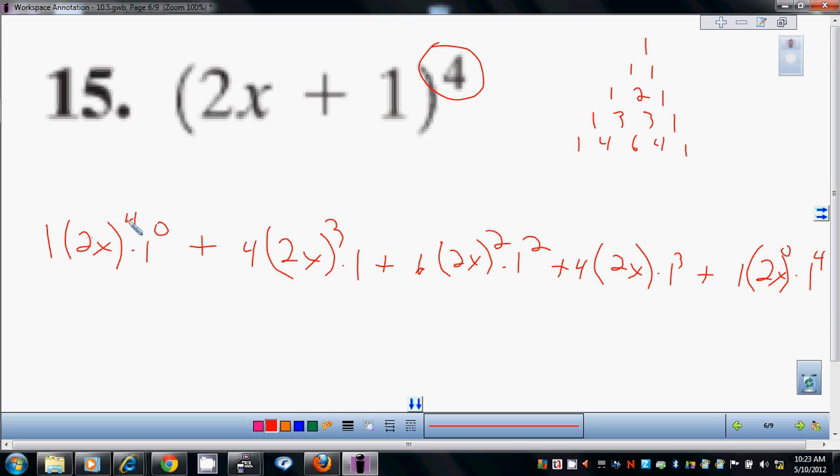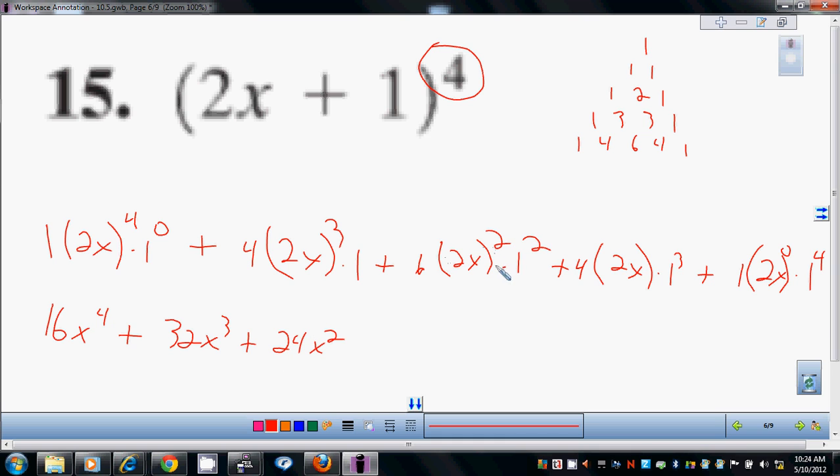So, what's 2 to the 4th? 16 times 1 to the 0, which is just 1, times 1, so there's nothing really to do to that one. 16x to the 4th. Plus, what's 2 cubed? 8. 8 times 1 times 4 is 32x cubed. What's 2 squared? 4. 4 times 1 times 6? 24x squared.